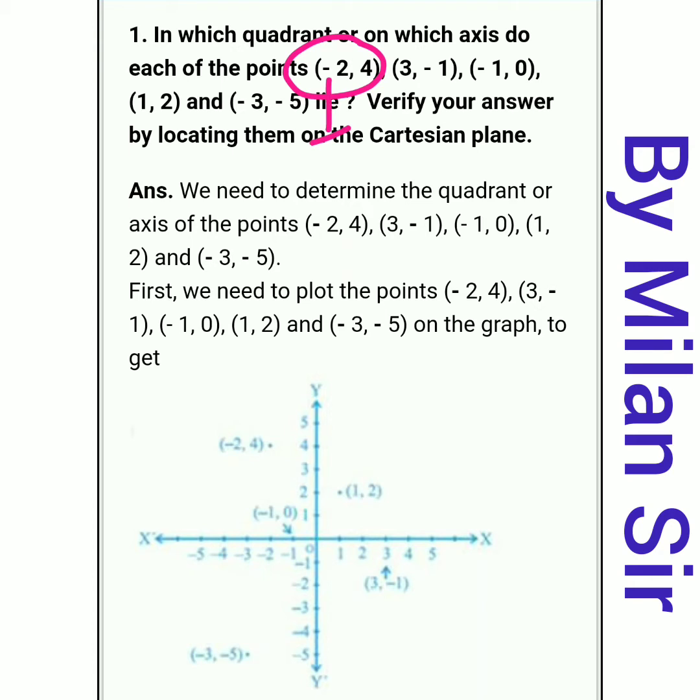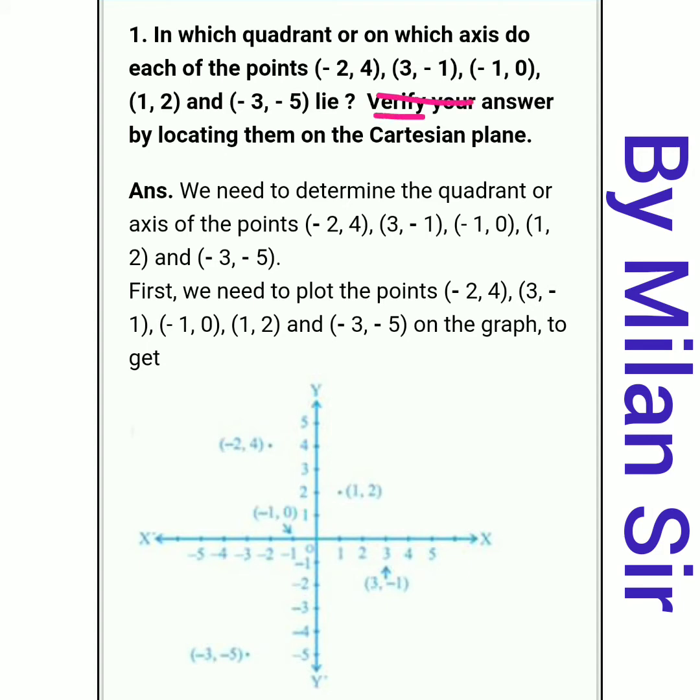So we need to look at -2 on the x-axis and 4 on the y-axis. If we draw the vertical and horizontal lines from these two points, they intersect at (-2, 4) in the second quadrant. So (-2, 4) lies in the second quadrant.